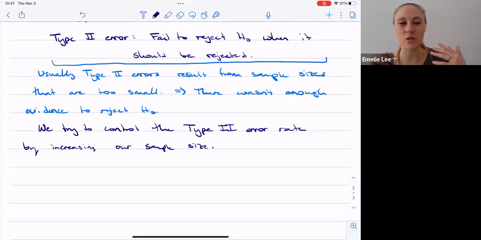That's not something that you would do midway, right? You would collect your sample, and there are techniques for figuring out what sample size you need in order to minimize that risk of error, right?